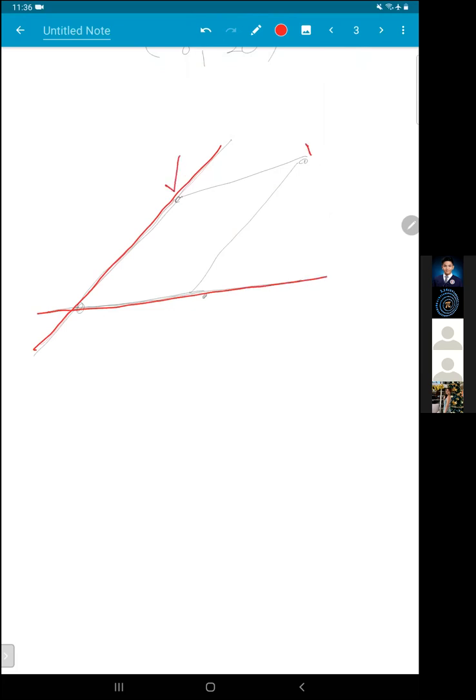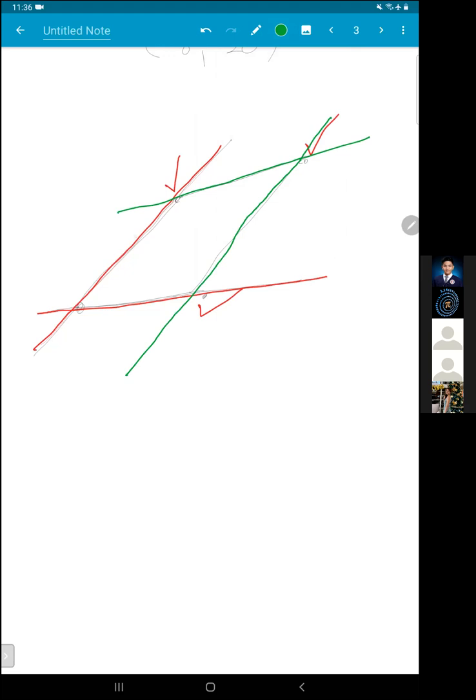Given to, given to, given to. We can get the equation of this line, because those 2 points are given. We can also get this one, because those 2 are given.